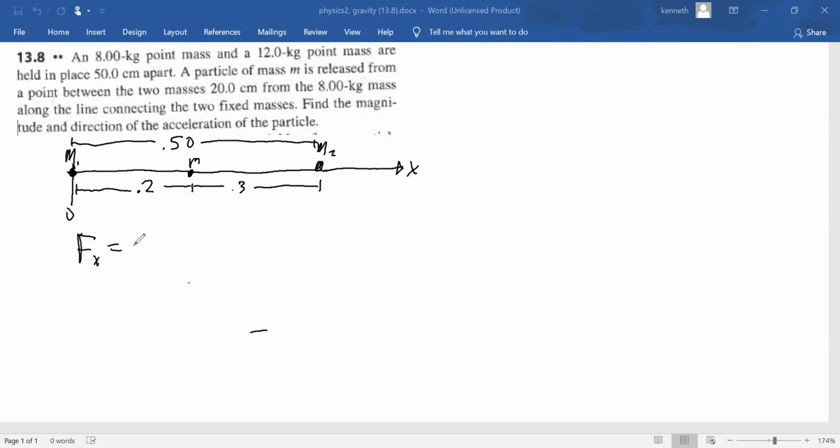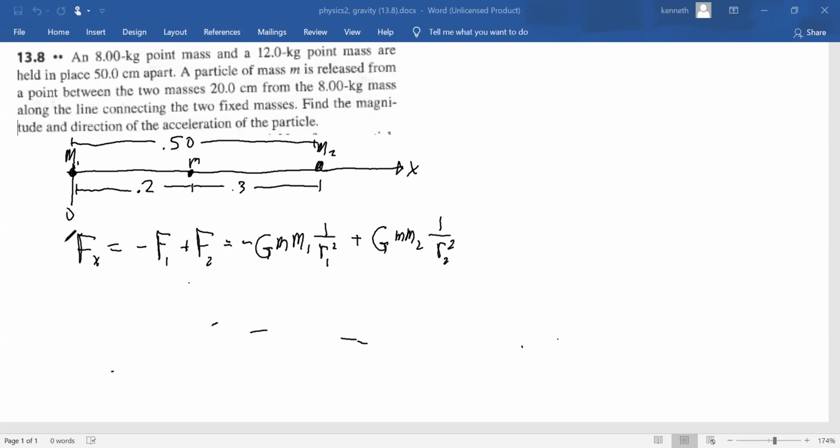So let's look at just the magnitudes: minus the force from the first mass, it's in the negative x direction, plus the force from the second mass, and just put in what we have for the gravitational force between two masses, over r1, the distance from M1, and call this r2, the distance from M2.